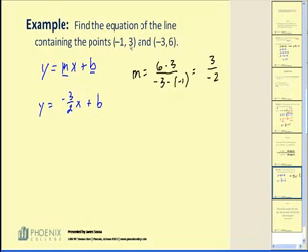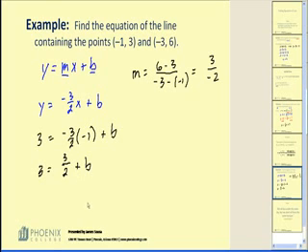Again, we are allowed to use these points because they're on the line, which means they must satisfy the equation. So when y is 3, the x value must be negative 1. We can solve this for b. Should be a positive 3/2.